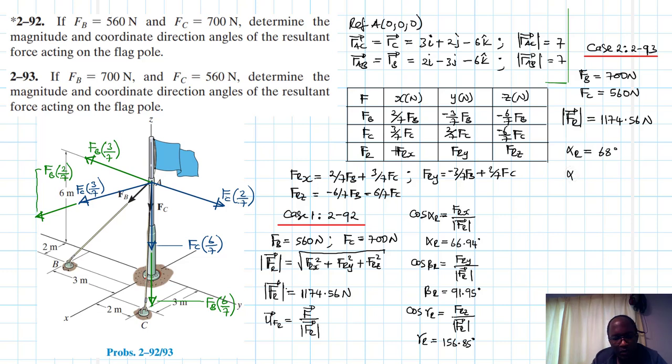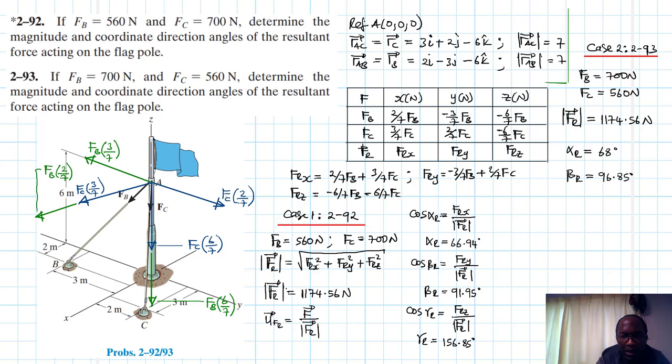Then we have beta R. We have minus 3 over 7 by 700 plus 2 over 7 by 560 divided by 1174.56. Cos inverse of that gives us 96.85 degrees.